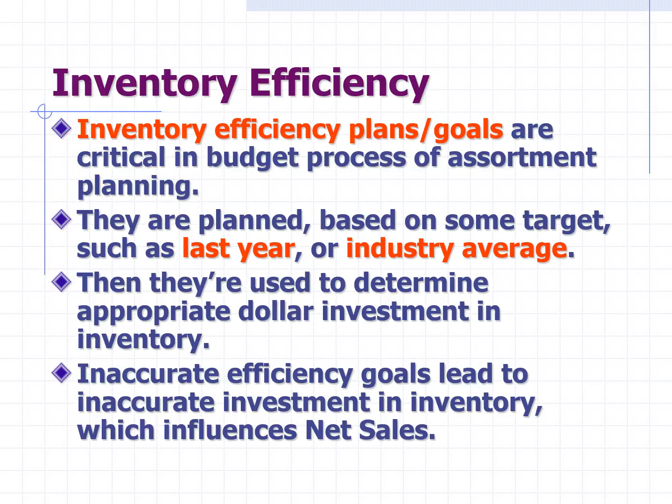If you have the wrong efficiency level planned out, inaccurate efficiency goals, or no efficiency goals, those things can lead to inaccurate investment in the inventory, because you're going to have the wrong inventory level planned out or not have a good idea about what inventory level you should have.